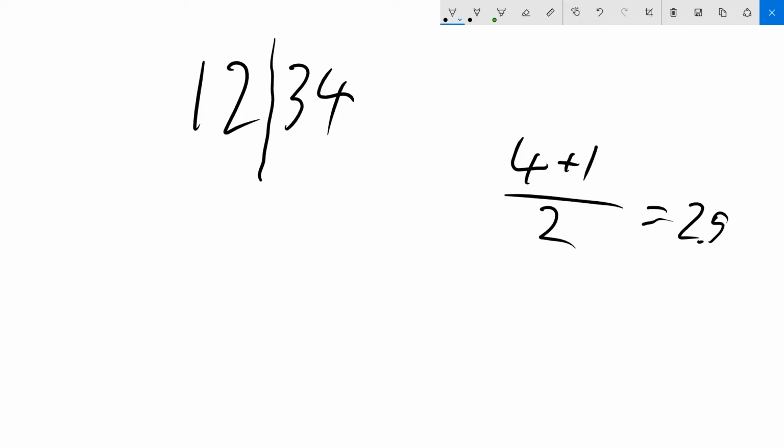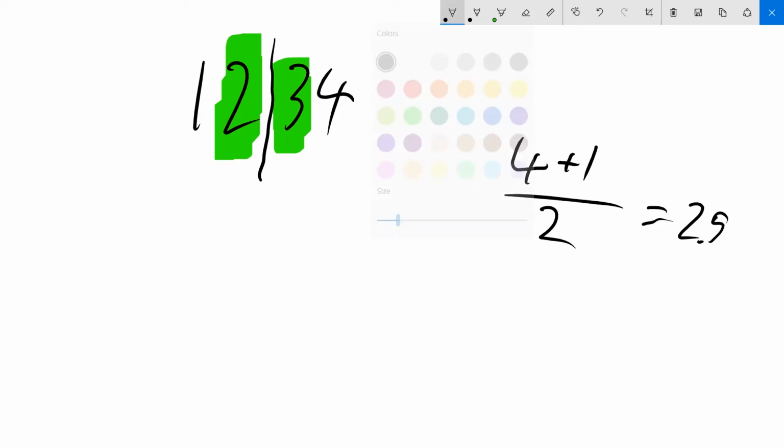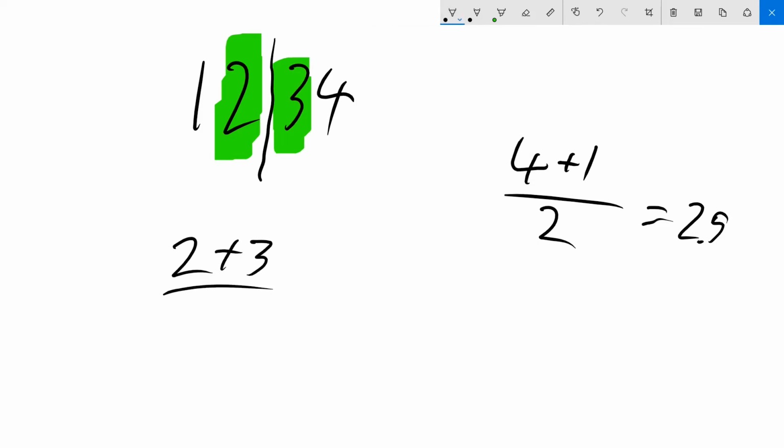So what we do here is that we take the average of the 2 numbers beside this line here. So we average 2 and 3 together to get our median. So 2 plus 3 divided by 2. So there's 2 numbers, add them together and divide it by 2. Again, it's 2.5. Alright? The fact that these two are the same is just purely coincidence. But there you go.